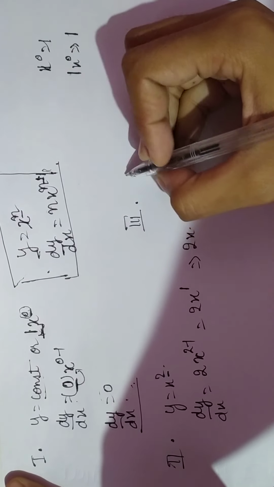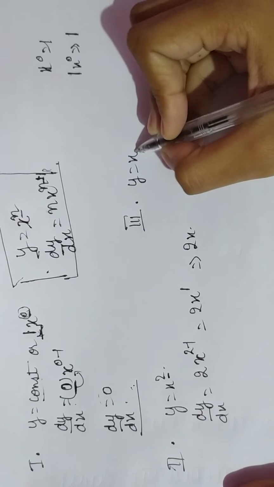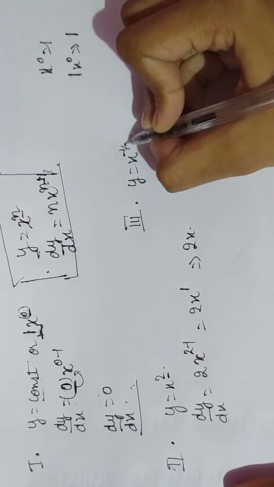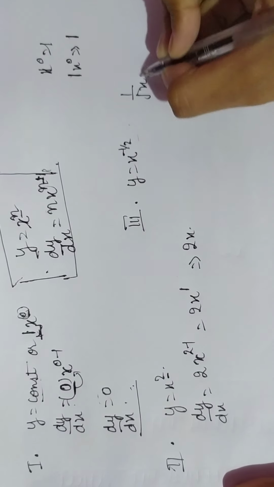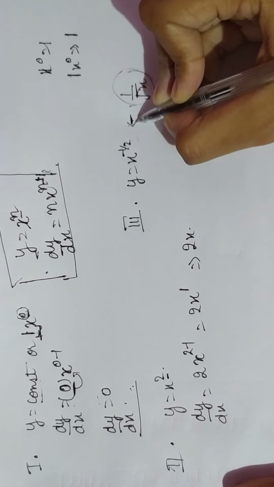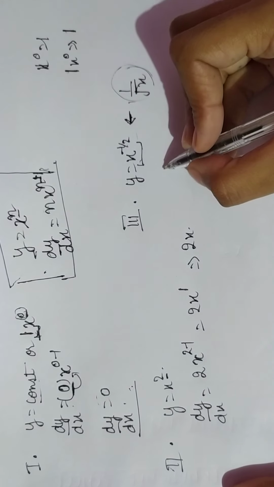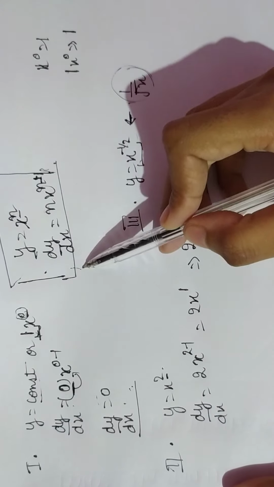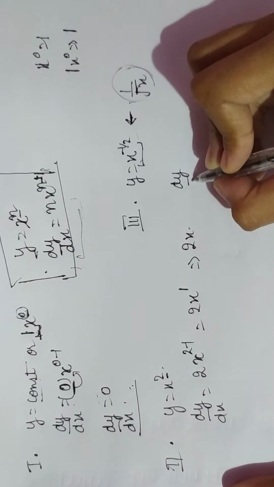Now let us take one more example, which is y is equal to x to the power minus half, or we can also write it as 1 upon under root x. If we are given 1 upon under root x, first of all we will convert it to this type of equation. Now, from the above formula, we will do differentiation dy by dx.